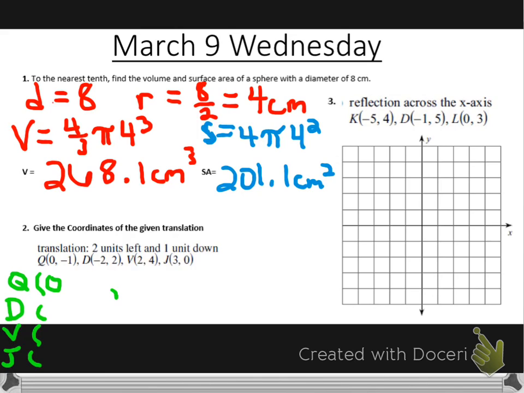Q is 0, -1. D is -2, 2. My V is 2, 4. And my J is 3, 0.